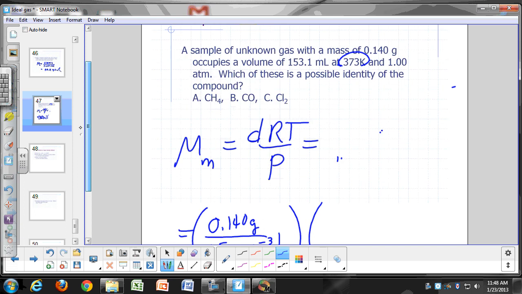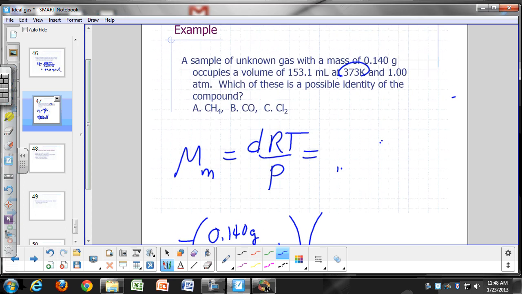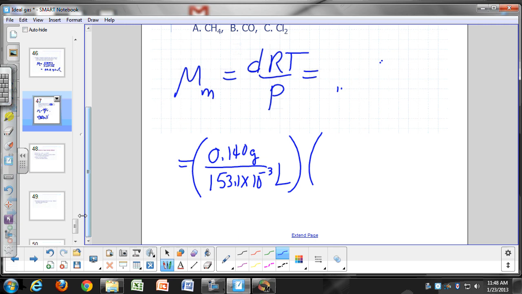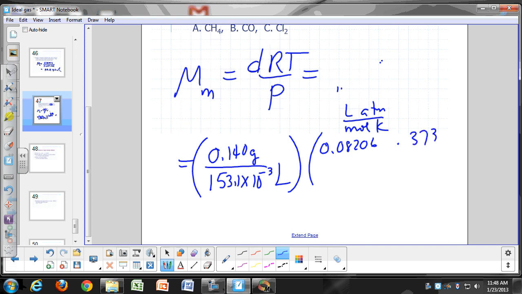What's RT over P? It's not 22.4 because we're not at STP. So R is 0.08206, and that's going to be liter atmosphere per mole Kelvin. And our temperature is how much? 373 Kelvin, divided by our pressure, which is 1 atmosphere.